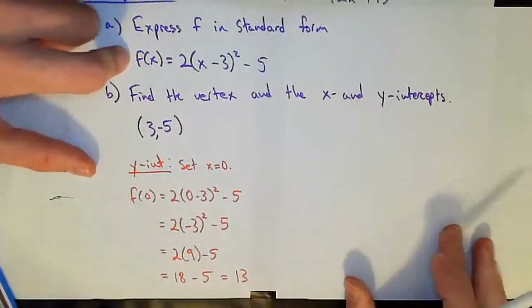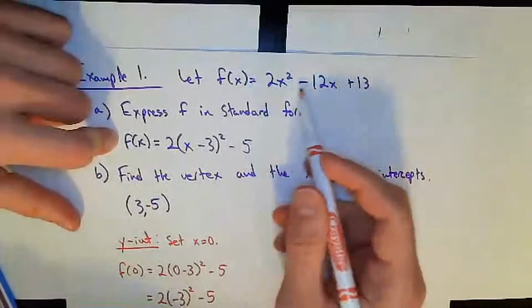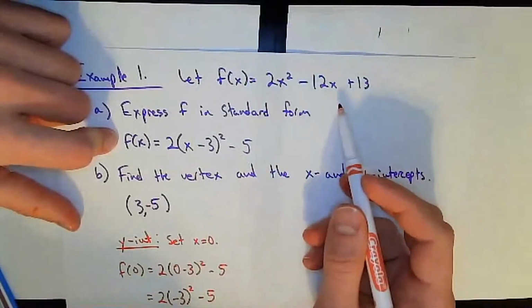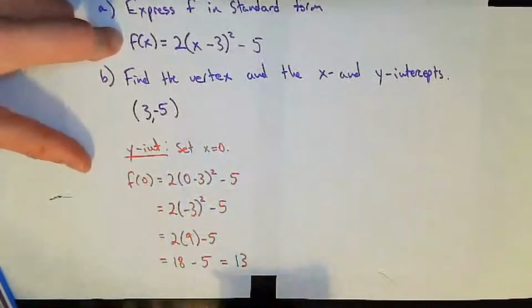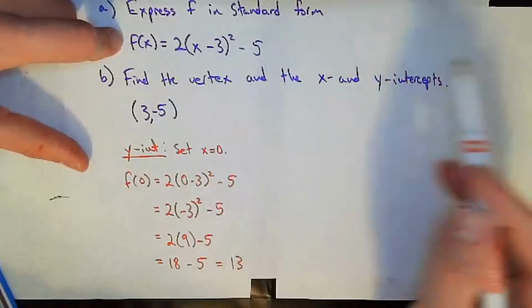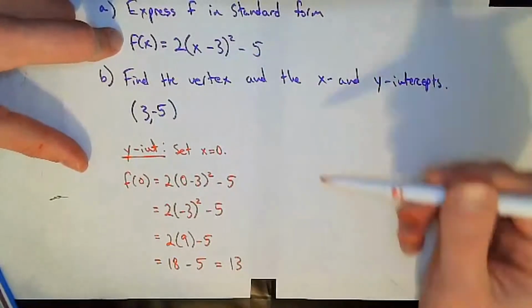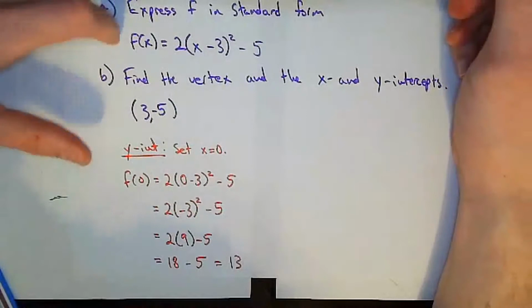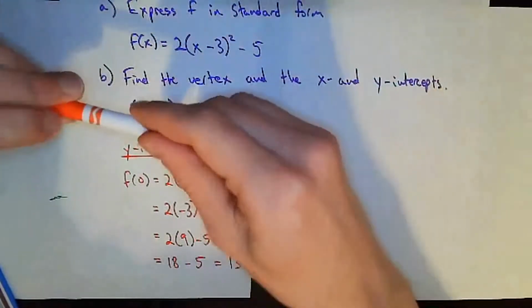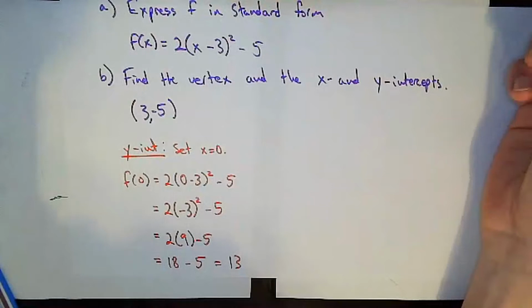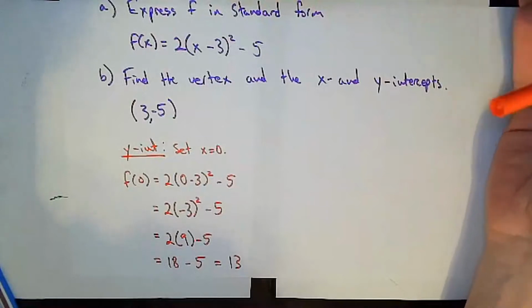You could alternatively plug 0 into the generic polynomial form they gave at the top, which you may find easier, and you just end up with that 13 at the back, right? The constant term.